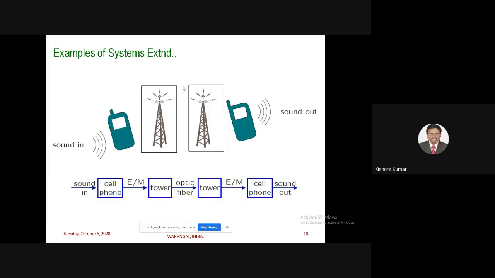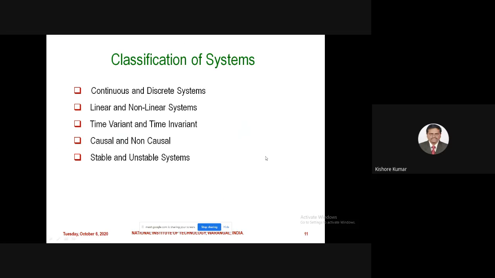This is an example where, when I am talking, the information from a transmitter should go to the receiver end. There is electromagnetic signal transmission, then through the optical fiber, I can get a particular output. So some physical phenomena occur, and from them I get an output. This is one example of a system.